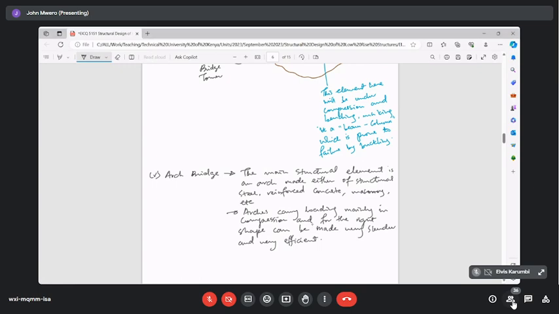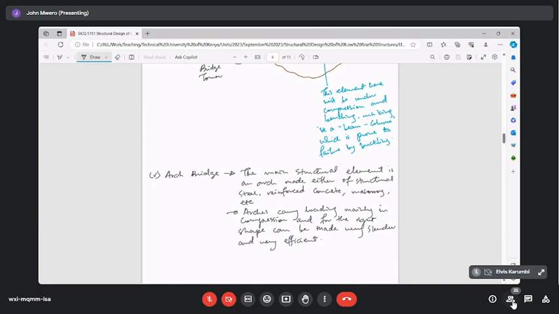Okay. So again, just to take you back to your analysis of structures, those earlier units, you remember that it is possible to have an arch that carries loading purely by compression. And probably this was mentioned to you in class, that the perfect shape for an arch is a perfect parabola.